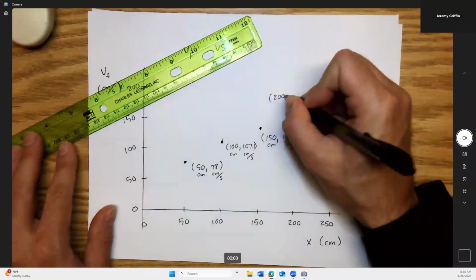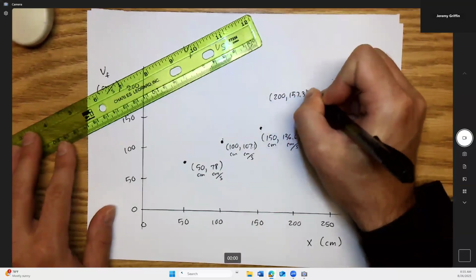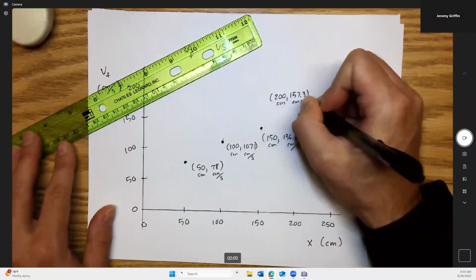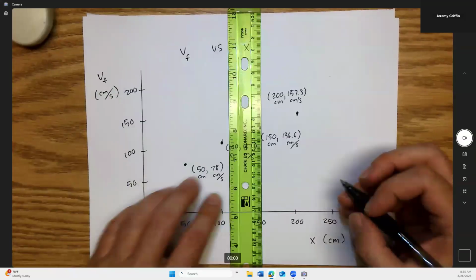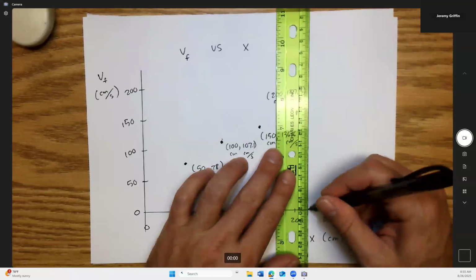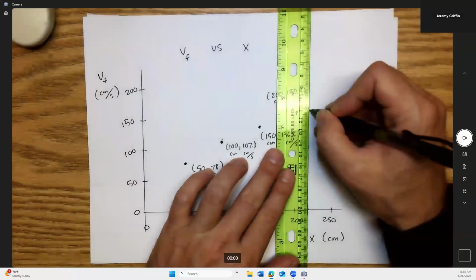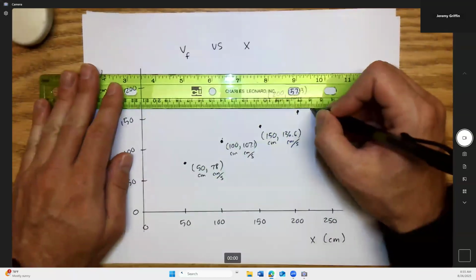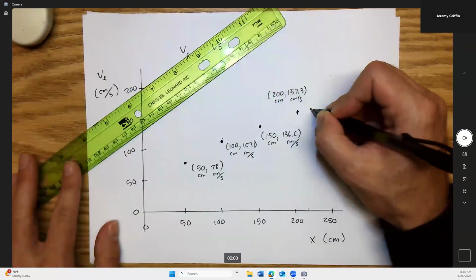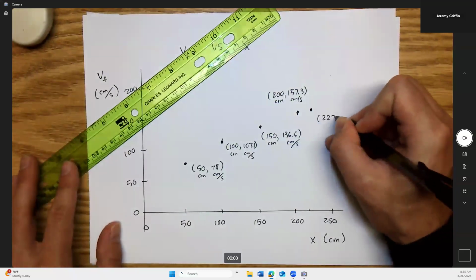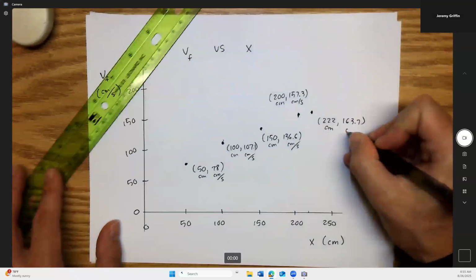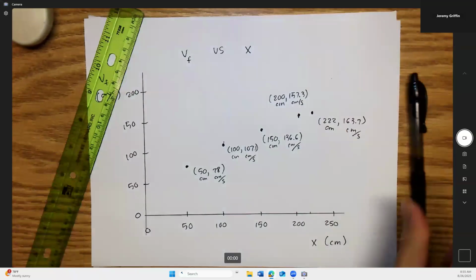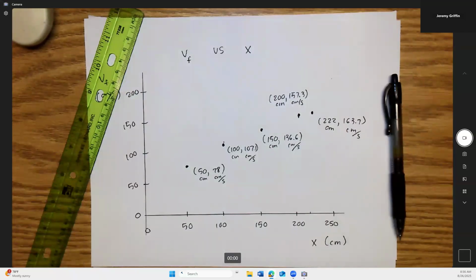So 200, 157.3 centimeters per second. And at 222, it was 163.7. So 222, 163.7, centimeters per second. All right, so you guys getting that too? Okay.